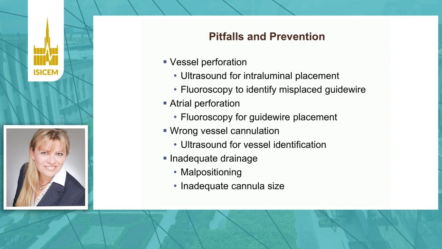Arterial perforation is the most serious complication in dual lumen cannulas, and also wrong vessel cannulation. Inadequate drainage follows wrong vessel cannulation or malpositioning of the cannula, and the same with inadequate cannula size.